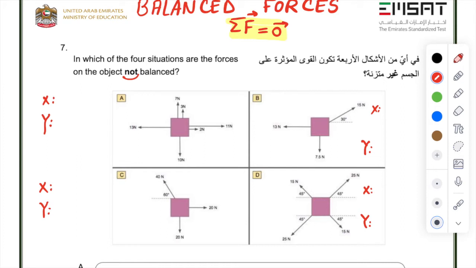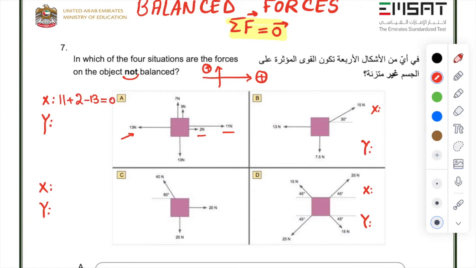Taking one by one, let's start with diagram A. Along the x-axis, I have 13 to the left and 2 and 11 to the right, taking the positive on the x-axis to the right and the positive along the y-axis upward. So we're going to consider positive 11 and positive 2 with negative 13, which gives me a total of 0.